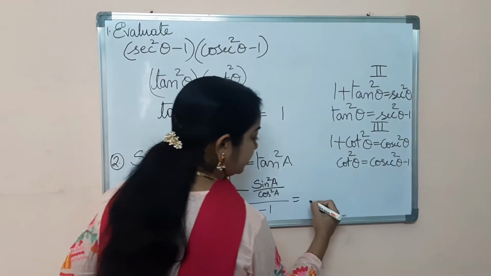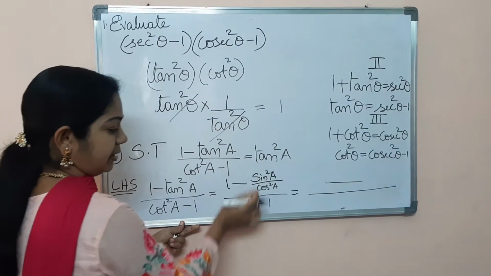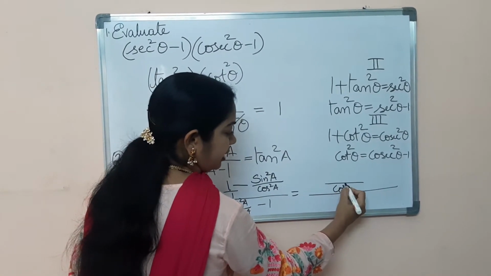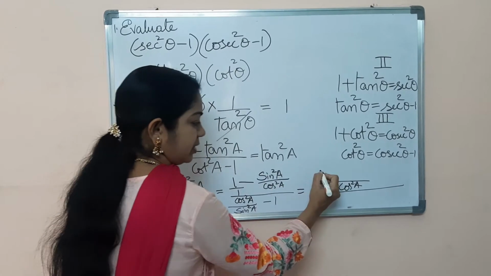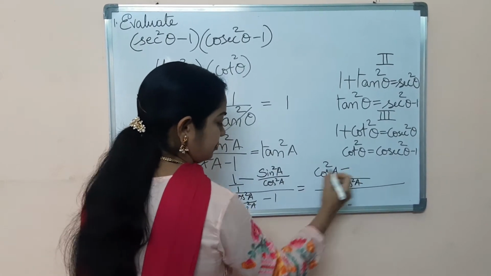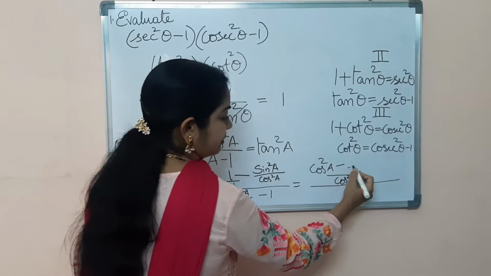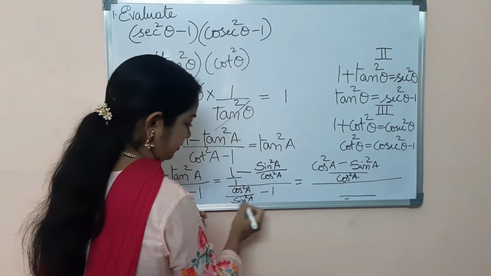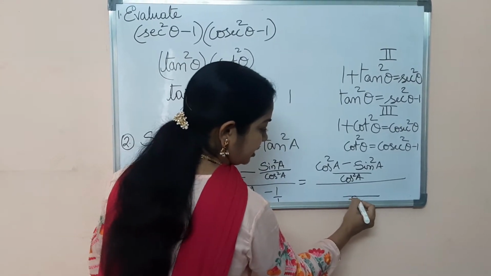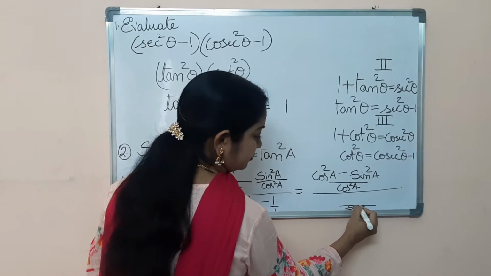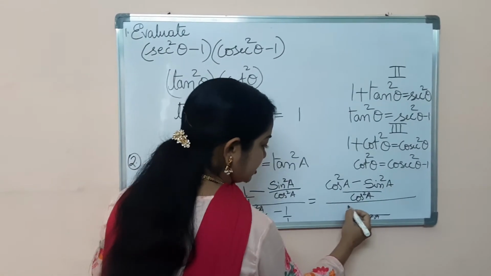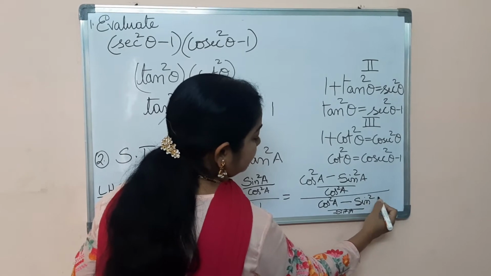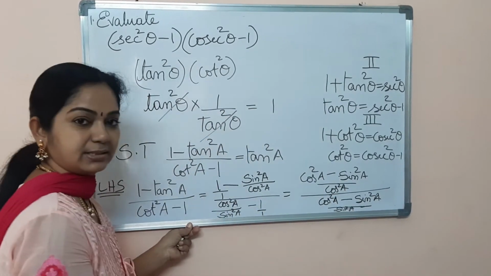Now we will do the LCM for the upper part and the down part. In the upper part, taking the LCM, 1 and cos square A: 1 times cos square A minus sine square A, so it becomes cos square A minus sine square A over cos square A. Now the down part, we take the LCM as sine square A: cos square A minus 1 times sine square A, over sine square A. This is the LCM part.